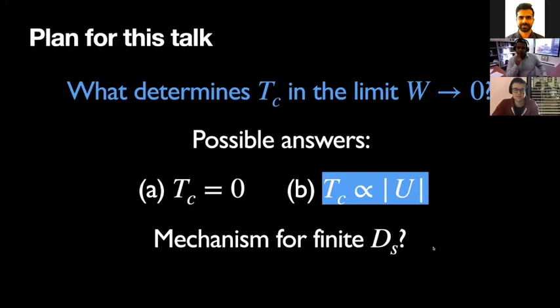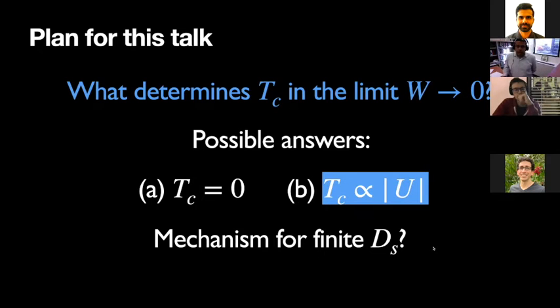So should I have in mind a very minimalist situation for this question, where you really just have one scale and that's it? Yes, that's the only thing I'm imagining right now, exactly. I'm just imagining the bandwidth has collapsed and I have only one interaction scale, which is set by this attractive U, and that's it. Okay, thanks.